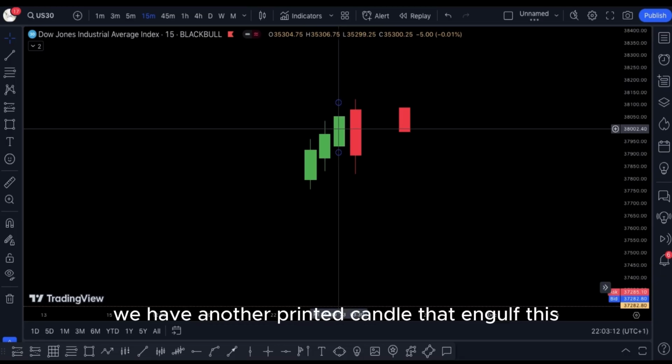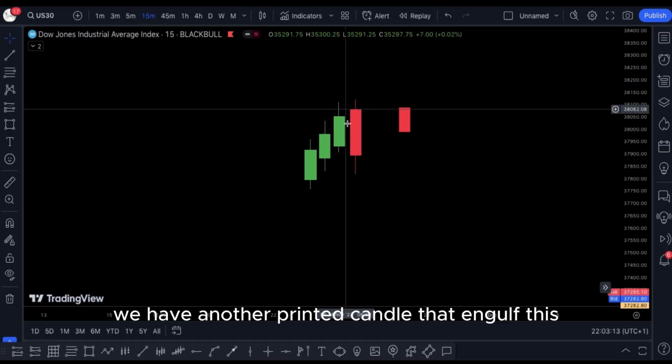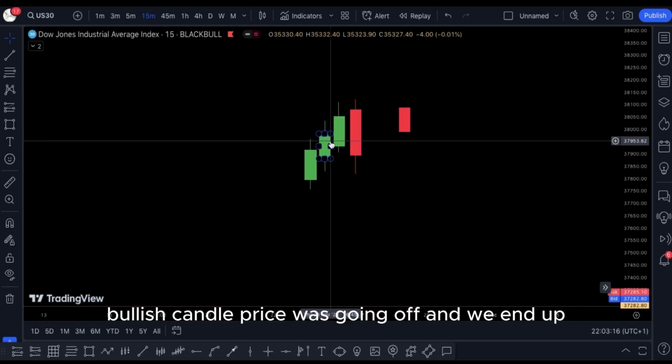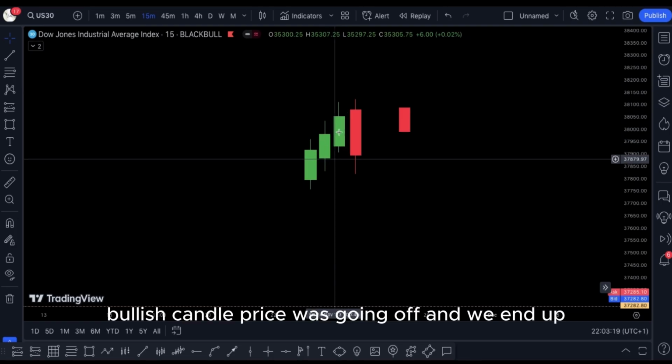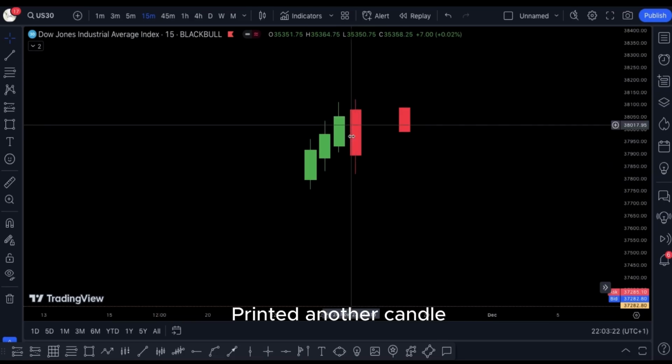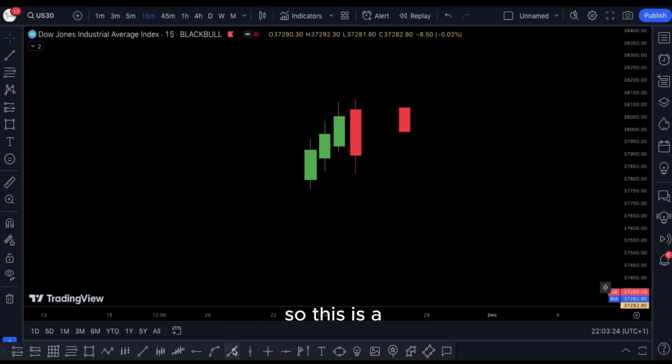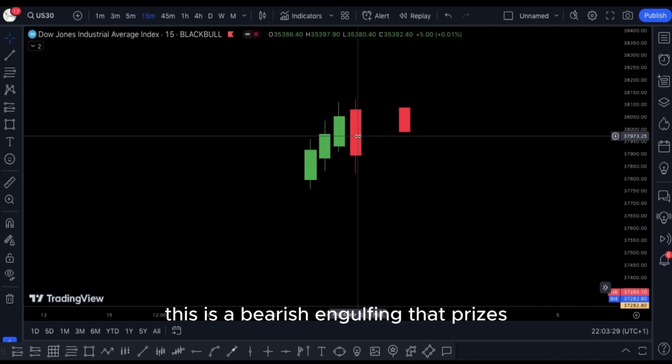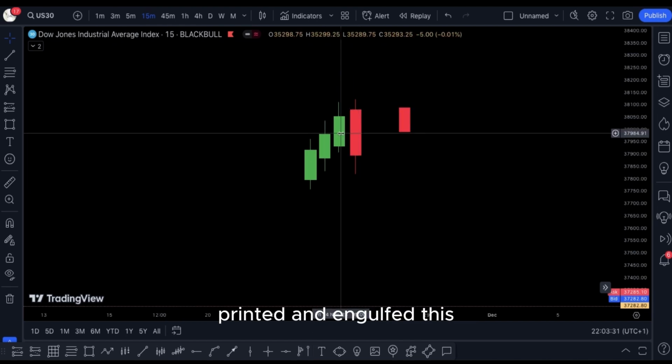We have another printed candle that engulfs this bullish candle. Price was going up and we ended up printing another candle. So this is a bearish engulfing that price just printed and engulfed this.